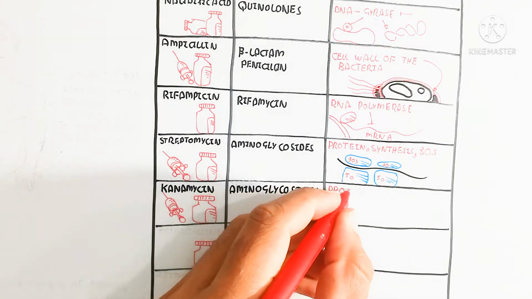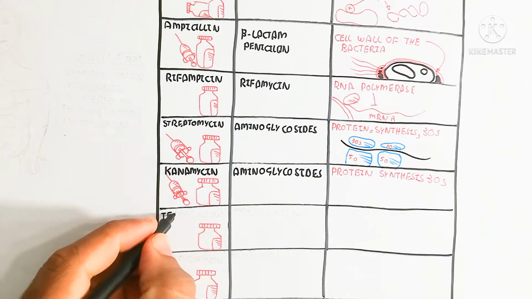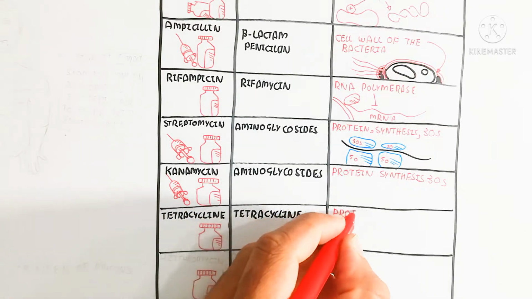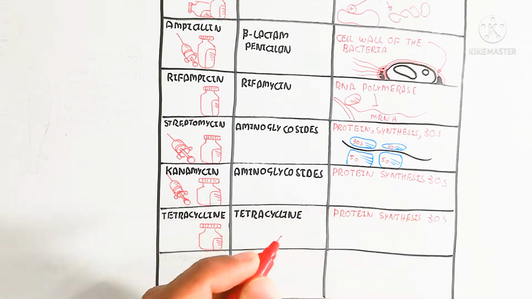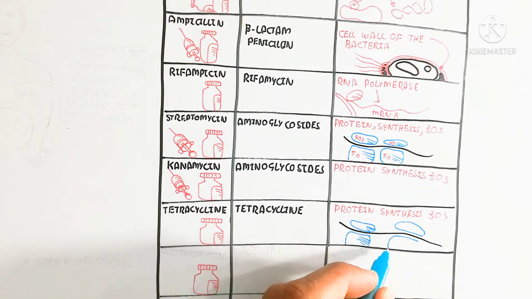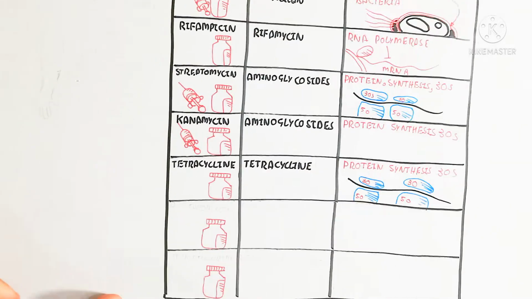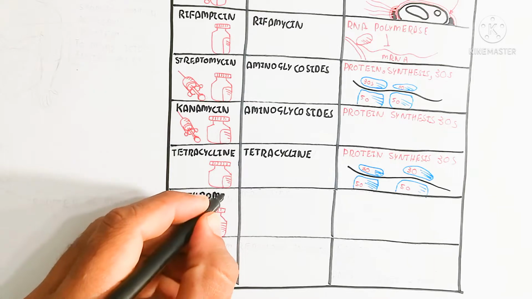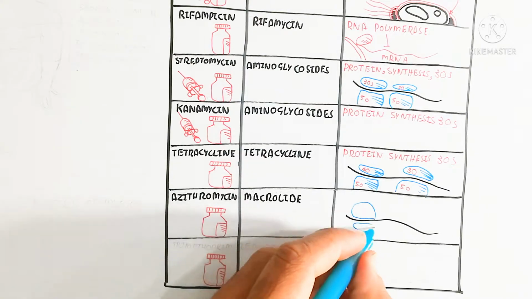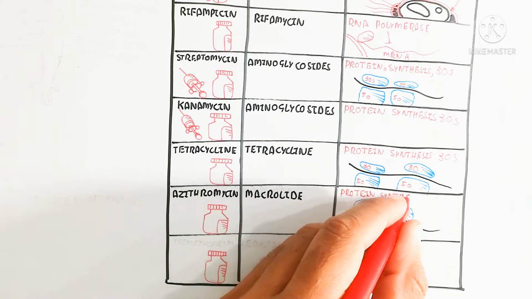Here is kanamycin, which is the same aminoglycoside class, and its target is protein synthesis at the 30S subunit. Then tetracycline also targets protein synthesis at the 30S, so the 30S ribosome is inhibited by tetracycline. Next is azithromycin, a macrolide class, which inhibits protein synthesis at the 50S of the ribosome.